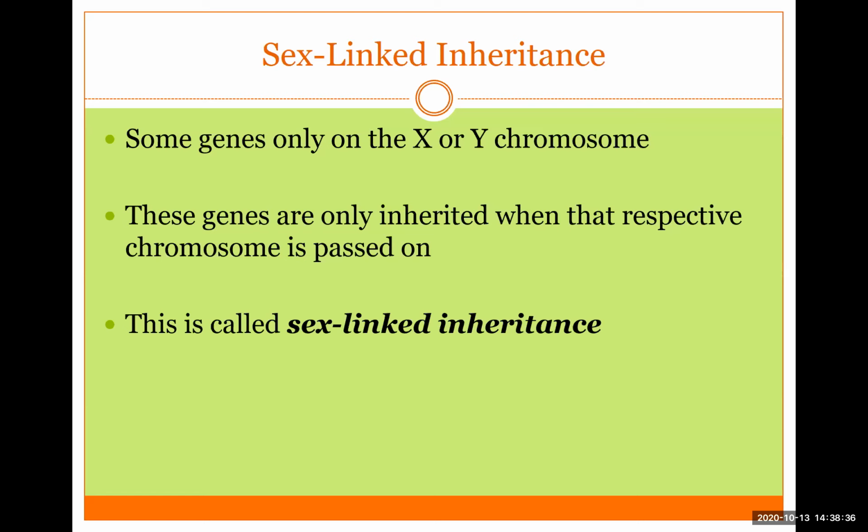In some of your homework questions and when we do a quiz over this, I might ask you to come up with your own letter designation. So I might say you're breeding a female calico to a male calico carrier. Set up a Punnett square and show me what the babies will look like.